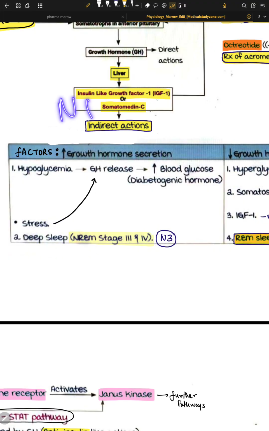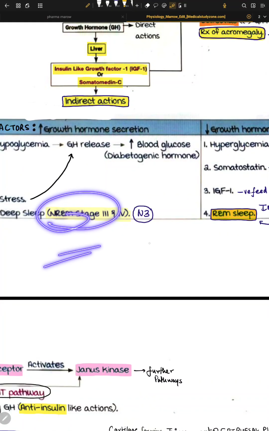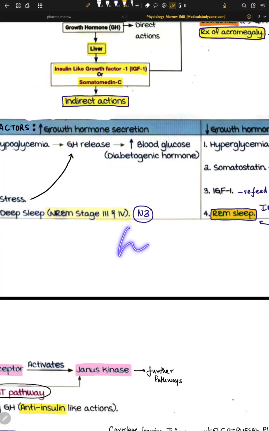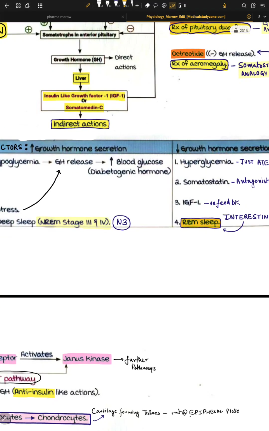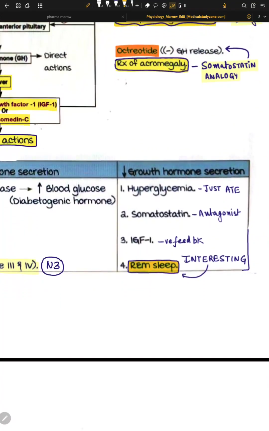There are N1, N2, and N3, and N3 is the third and fourth stage of NREM, non-rapid eye movement. So the eyes are not moving, which means the person is in deep sleep. That's why I try not to wake children when they're sleeping, because their growth hormone is getting secreted.